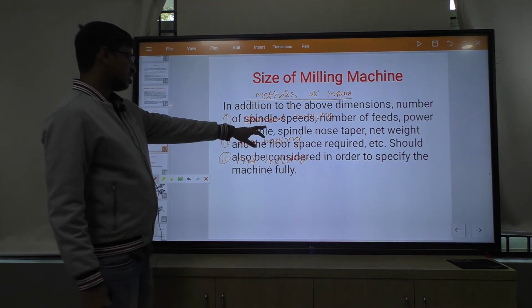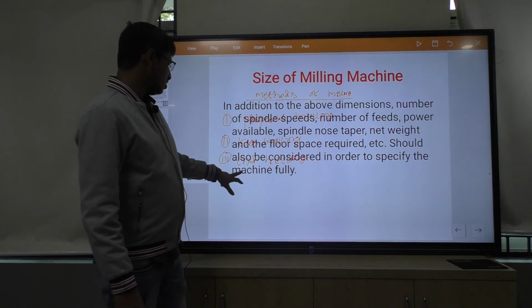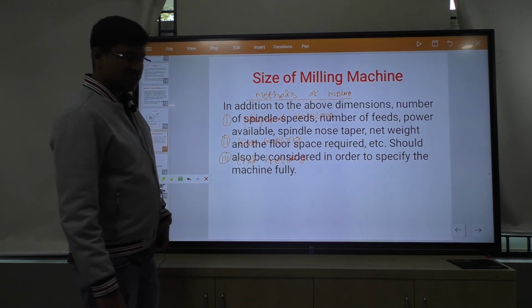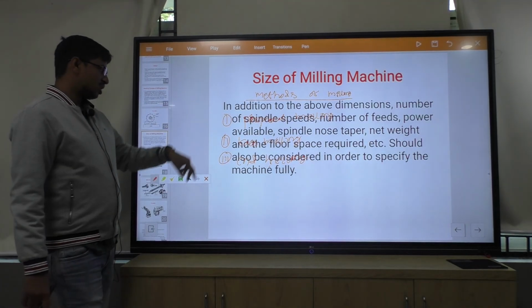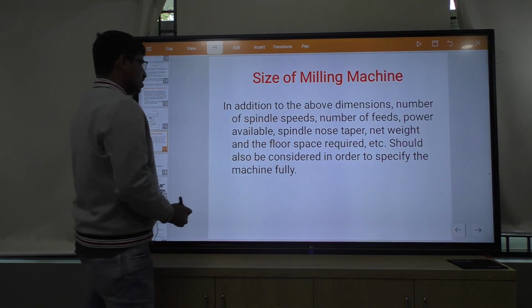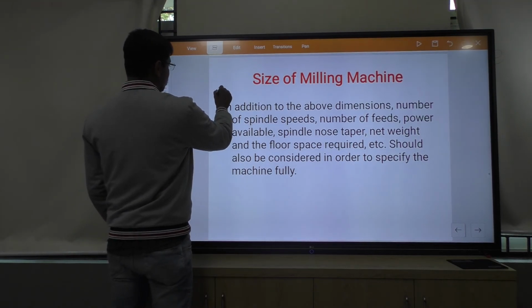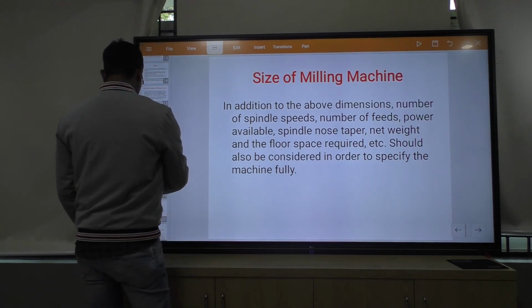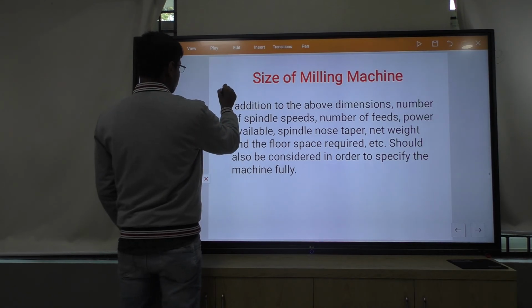First one is peripheral milling, second one is face milling, third one is end milling. We will discuss them one by one. First we will see what peripheral milling is.